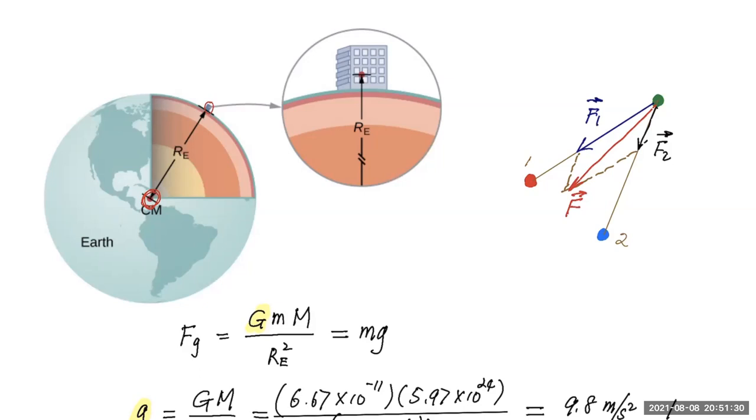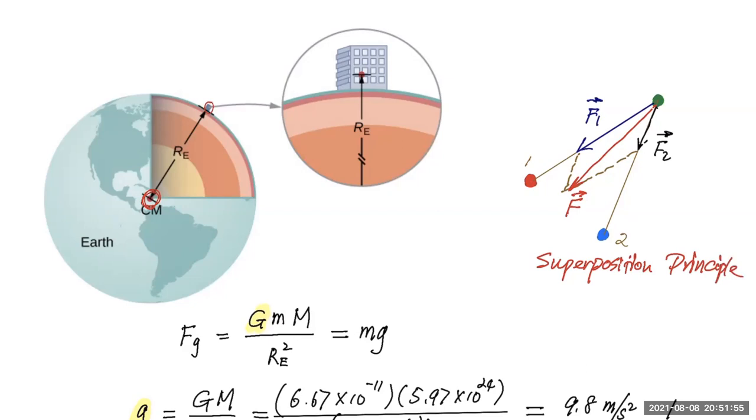You simply add the forces on this object from all the sources using Newton's law of universal gravitation. This is what's known as the superposition principle. You can think of it as an experimental fact.